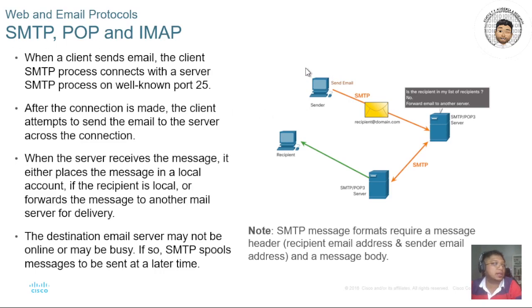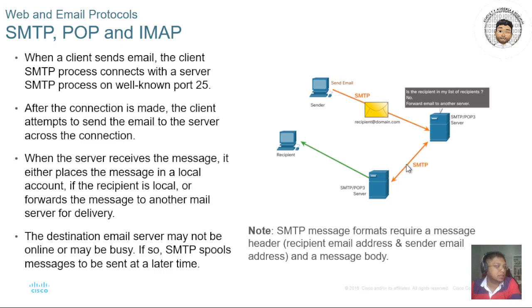Okay, so here a person is sending an email. It will send SMTP towards its SMTP server. And then from here, is the recipient in my list of recipients? No. Forward the email to another server, and then from this server towards the other server, it will also send it in SMTP format.